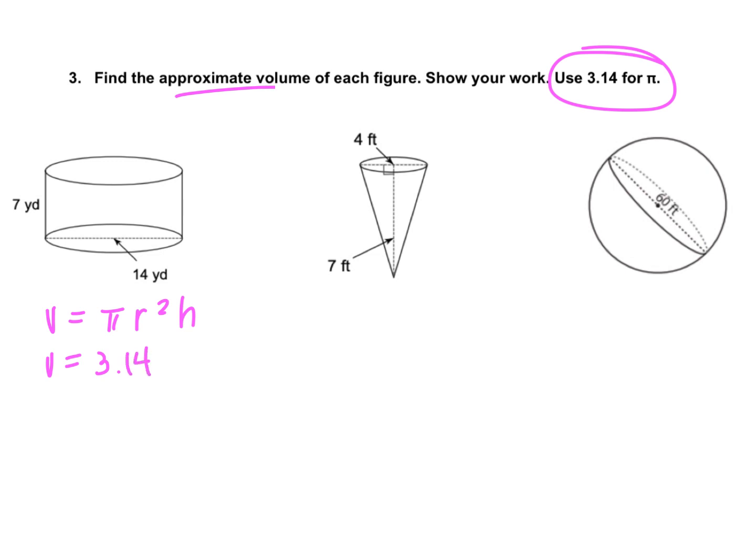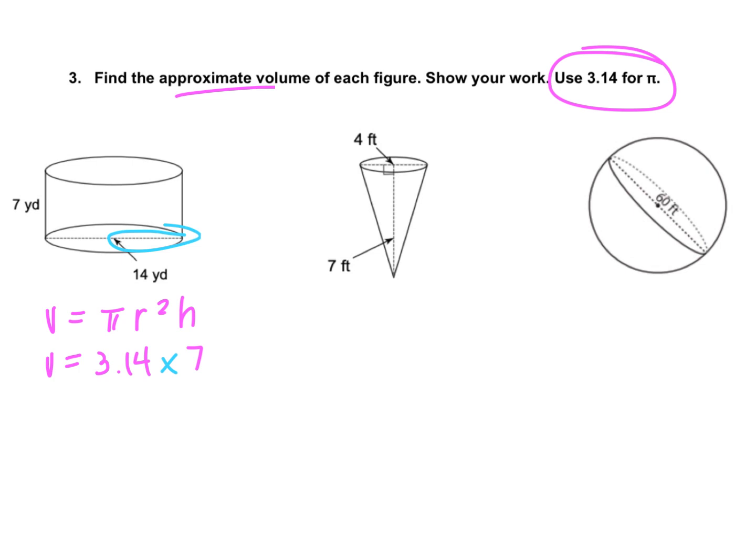And now substitute in, show the numbers that you're multiplying. So we're going to do 3.14 times the radius. Be careful here because the whole way across they're giving us diameter. We just need half that distance. So 14 divided by 2 to get us the radius. Our radius will be 7 on this one.